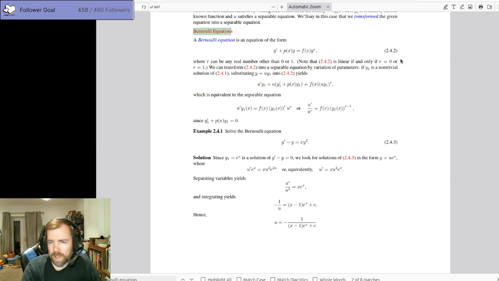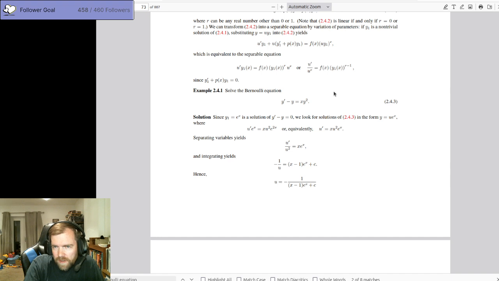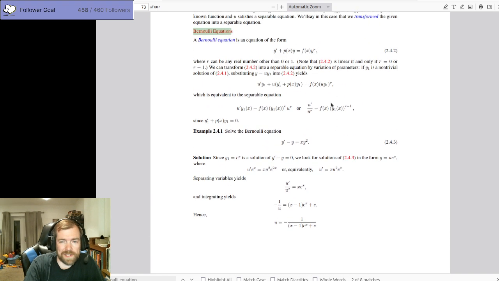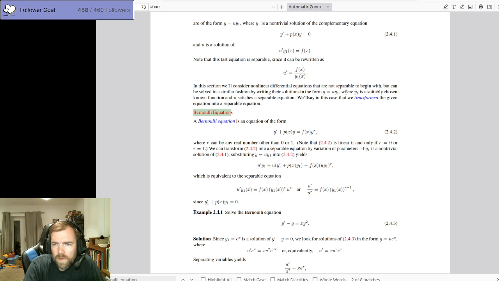But then the problem is that if r is not 0, right, then we're looking at this and saying, we're going to solve, we do the same, oh my goodness.